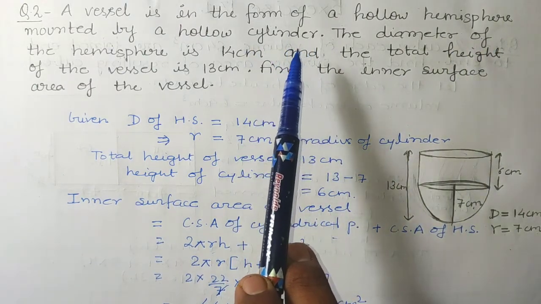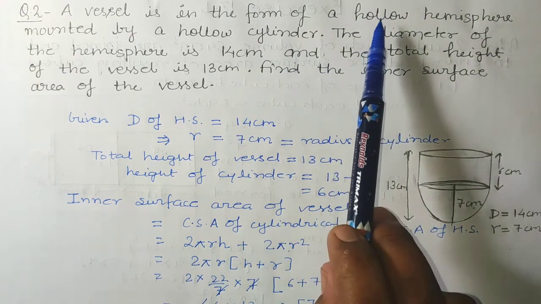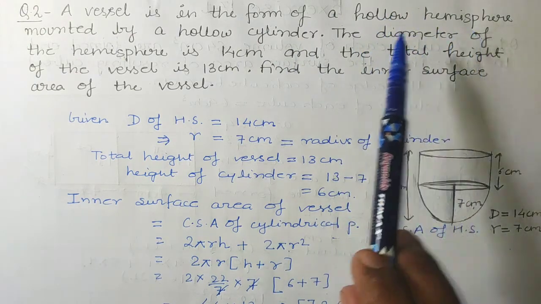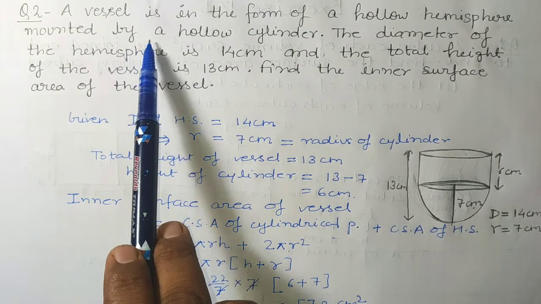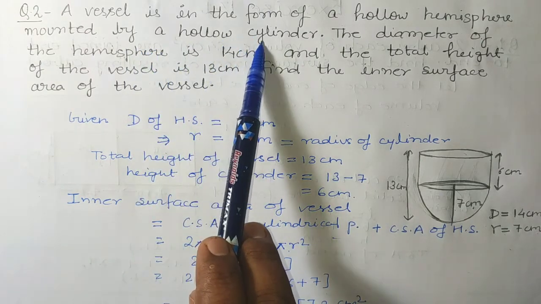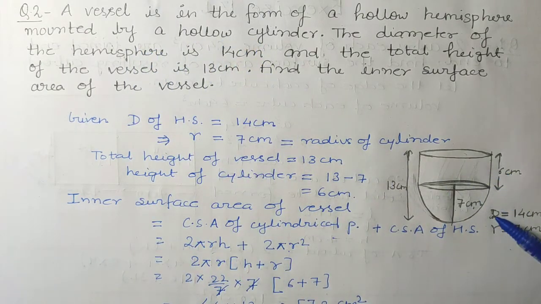But if the question is like this, that a hollow hemisphere is surmounted on a hollow cylinder, then the figure will be inverted, means then cylinder will be in the downside and hemisphere will be on the top side.